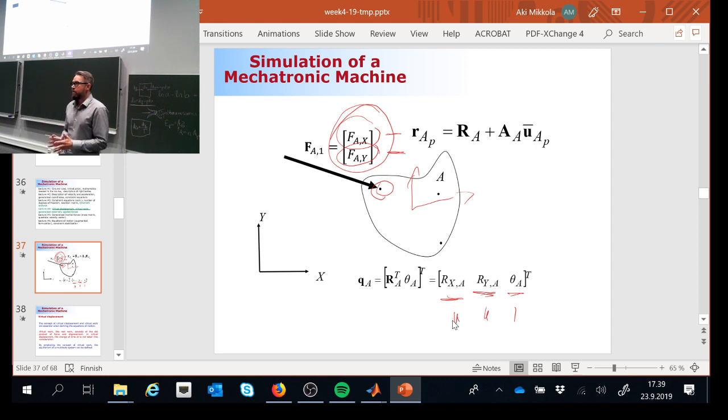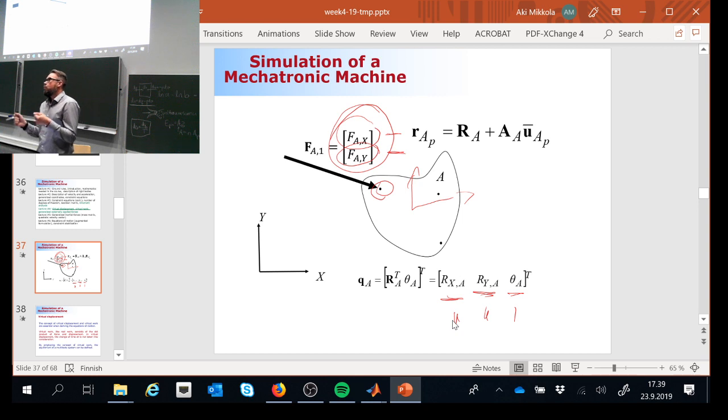This is where the concept of virtual work comes into play. Don't think about what the virtual displacement looks like or how small it is, because typically it's explained as a very small displacement. Don't think about it that way. Think about it as a tool that is necessary in order to introduce this mapping.